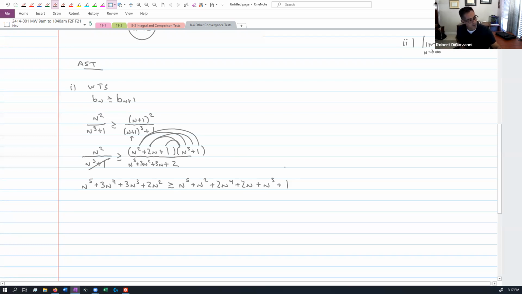Okay, let me collect some like terms together here. n^5+3n^4+3n³+2n² must be greater than or equal to n^5+2n^4+n³+n²+2n+1. Oh, I thought I had some like terms. I guess we don't.